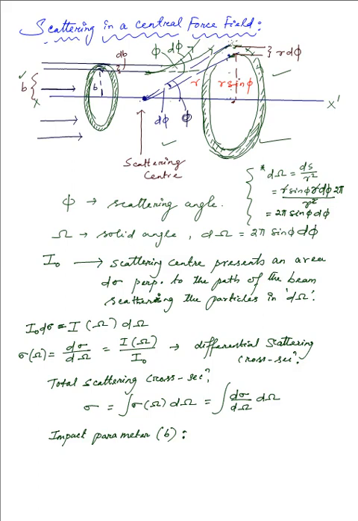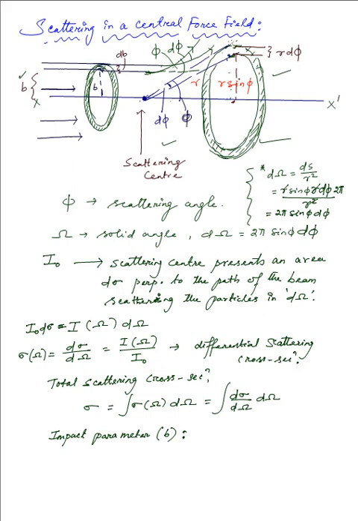So the central axis of the scattering, that is providing the scattering force to the incoming alpha particle, that distance corresponds to a certain angle through which the alpha particle is scattered. So it is the perpendicular distance from the axis of the central force. Now this perpendicular distance obviously will be greater for a particle which is above that.